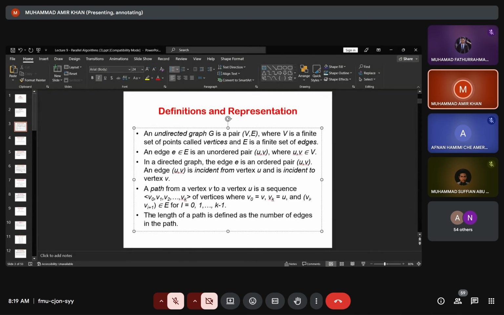The pair V i, V i plus 1 belongs to capital E. What is capital E? Capital E is the set of edges. So the length of a path is defined as the number of edges in the path.